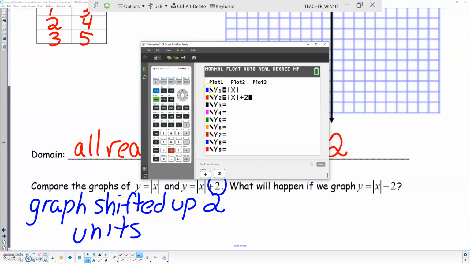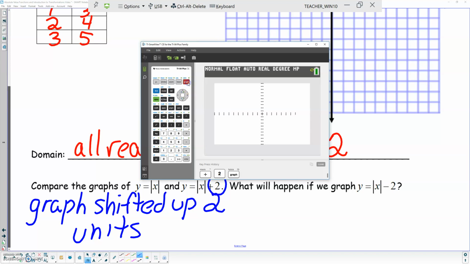Okay, so when I graph, y equals the absolute value of x is going to be in blue. y equals the absolute value of x plus 2 is going to be in red. So watch what happens when we hit graph. All right, so again, you'll notice all that happens is that when I add 2, every single point shifts up 2 units on the graph.